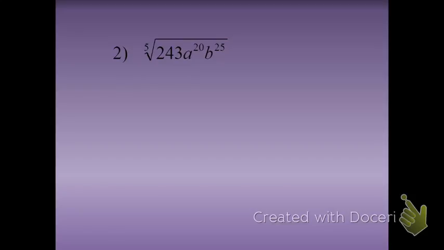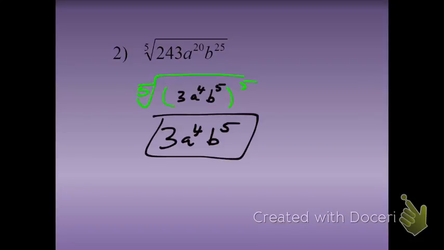So you want to rewrite all of that as an expression to the 5th power, and that would end up being 3, a to the 4th, and b to the 5th. The 5th powers cancel the 5th roots, and so your answer becomes 3, a to the 4th, b to the 5th.